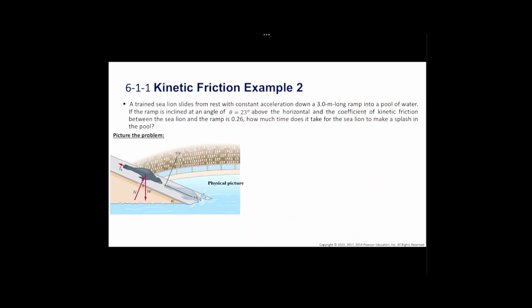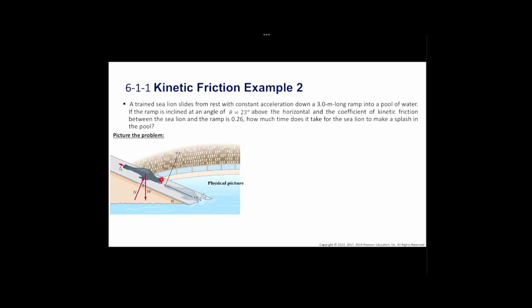Now let's see one more example, but this time with an inclined surface. Let's read the problem with the picture. A trained sea lion slides from rest with a constant acceleration down a 3-meter long ramp into a pool of water.